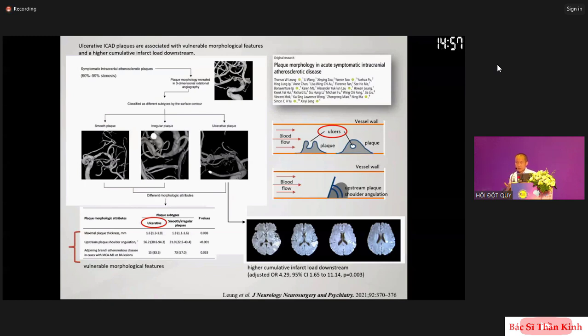If there's more branch atheromatosis disease, it is associated with the rupture of the plaque. And also importantly, ulcerated plaque had more cumulative infarct load downstream, suggesting that this ulceration may cause clinical or subclinical thromboembolism until a symptomatic stroke appears in front of you.